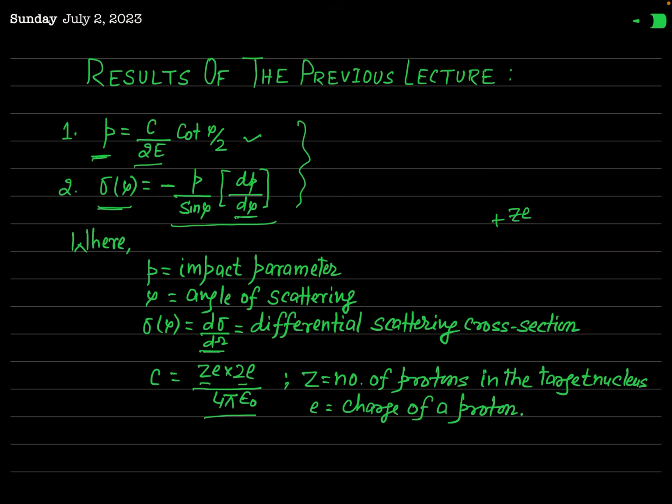Here Z is a number and this plus ZE, where Z is a small z, that represents the charge of the projectile.